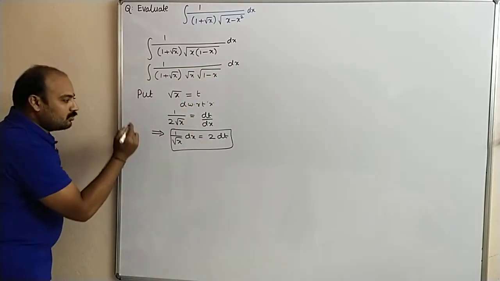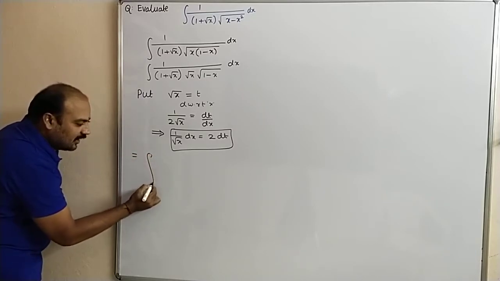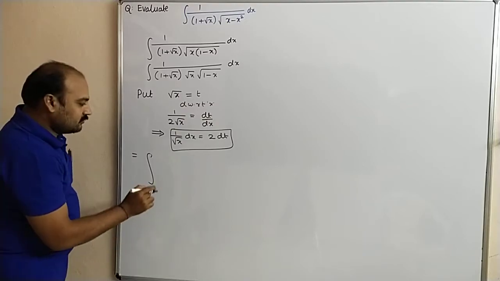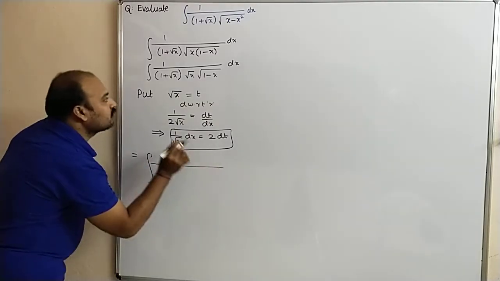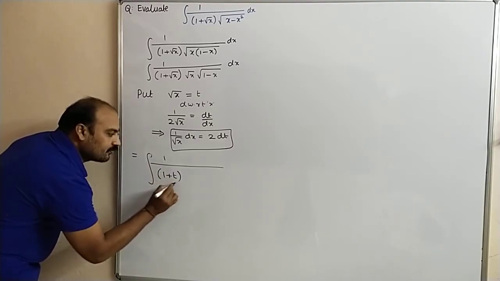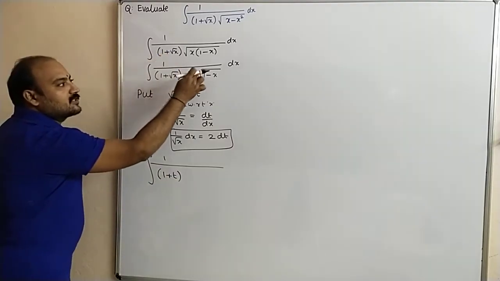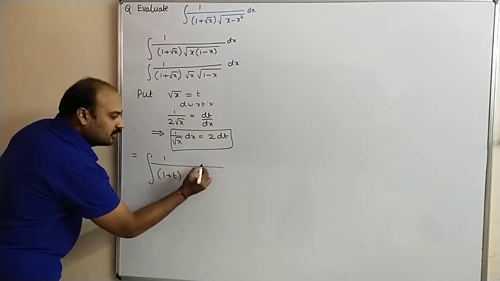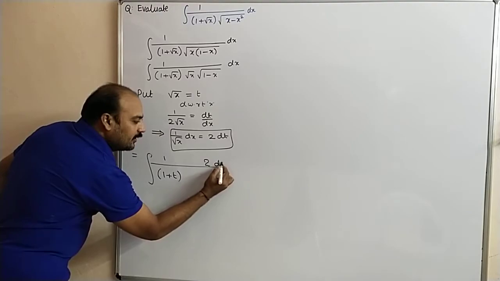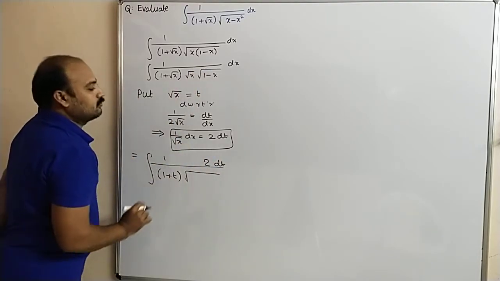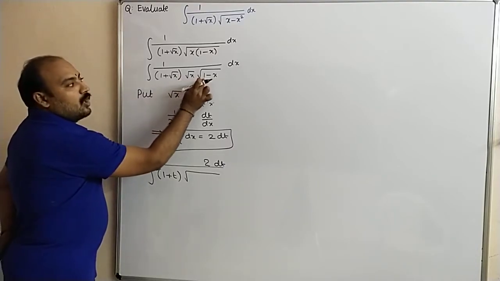Now in this above integral, wherever 1 by root x into dx is there, you have to replace with 2 dt. So now the above integral becomes integral, wherever root x is there, you have to replace with t. So 1 by 1 plus t, in place of 1 by root x into dx, 2 dt, square root of 1 minus x.